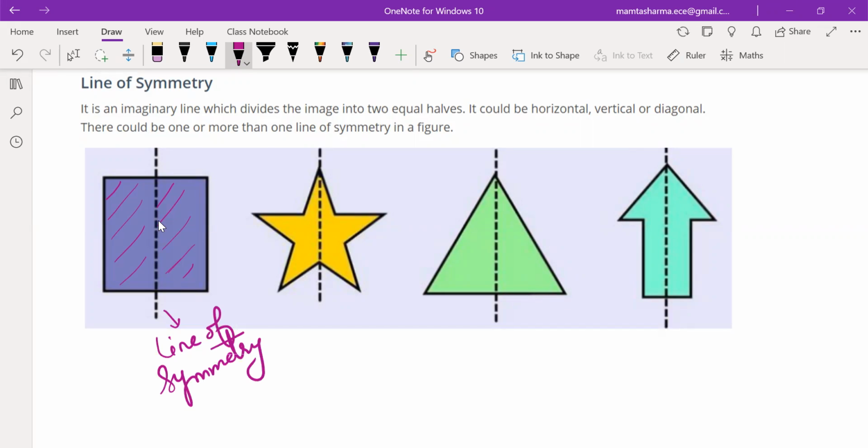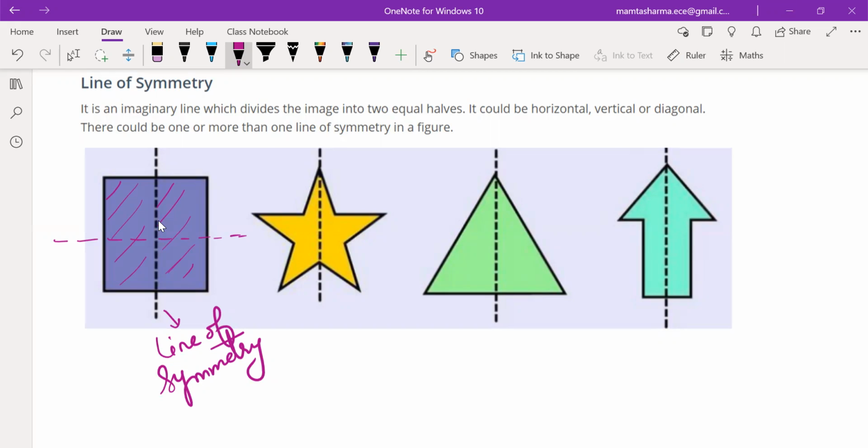Now, if instead of this vertical line I draw a horizontal line of symmetry, will it divide this rectangle into two equal halves or not? Yes, ma'am. So that is possible. How many lines of symmetry are possible? Two.